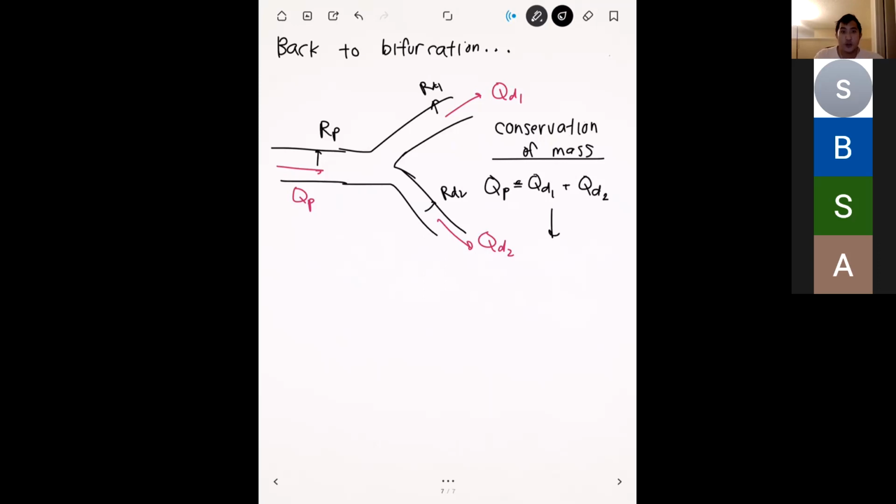Now that we have this expression, let's go ahead and plug in the expression that we just very painstakingly derived for Q. And so QP right here is going to be K RP to the third, which is equal to K times RD1 to the third, plus K RD2 cubed.